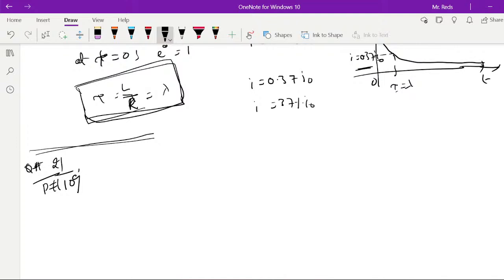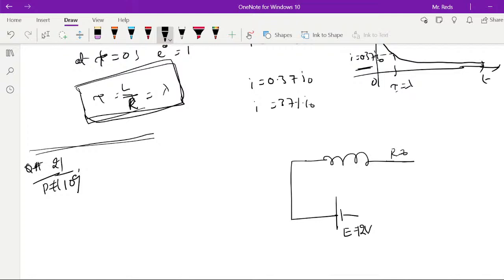It is given that a coil is connected to a battery of 12 volts EMF and negligible internal resistance, which means the coil does not have any resistance.